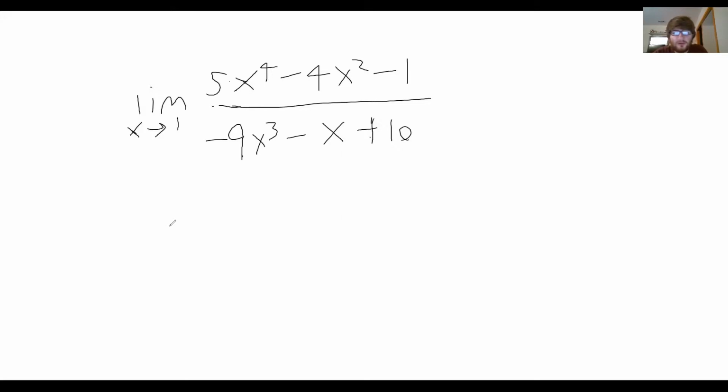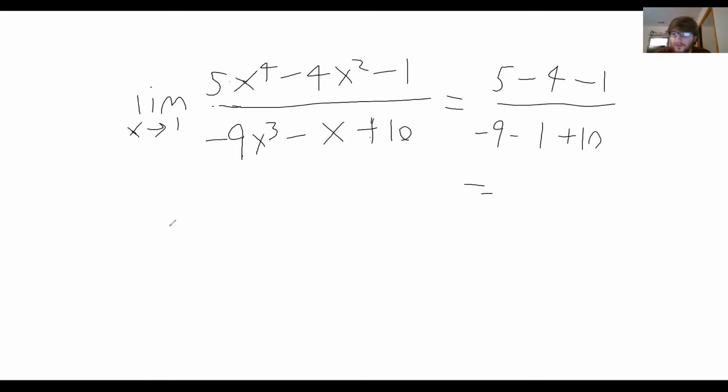So the first thing we want to do to make sure we can even apply L'Hopital's rule is to plug in our limit and make sure that we either have 0 over 0 or infinity over infinity. So let's go ahead and try plugging in 1. 5 times 1 to the 4th is just 5, minus 4, minus 1, over minus 9, minus 1 plus 10.